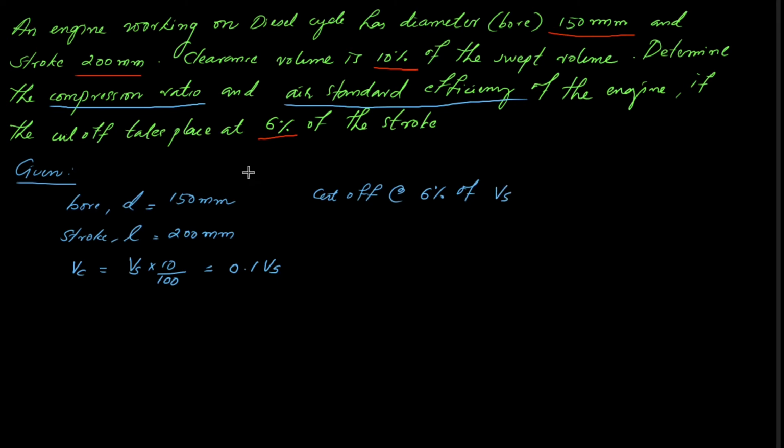So it is better to draw a diagram, so we will understand things a little bit better. So consider a piston cylinder system. Suppose this is our cylinder. Now we have a piston.